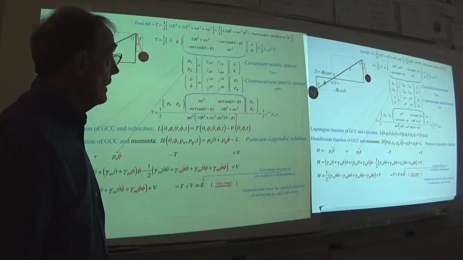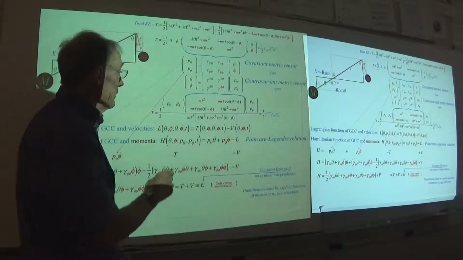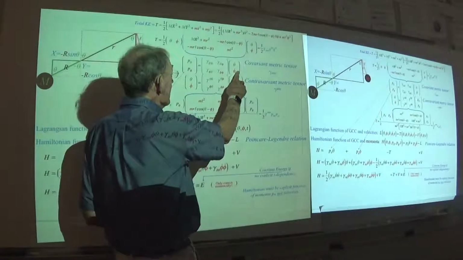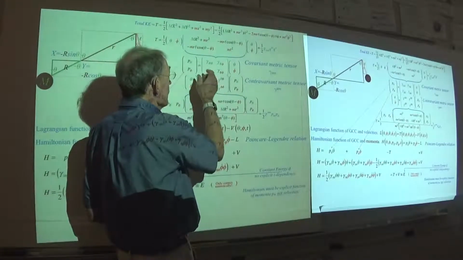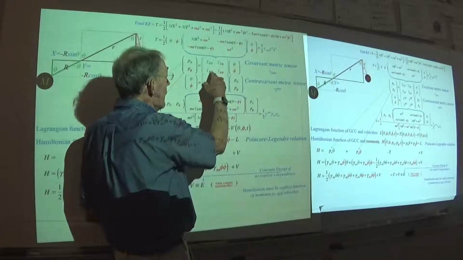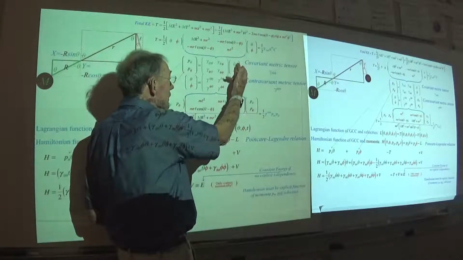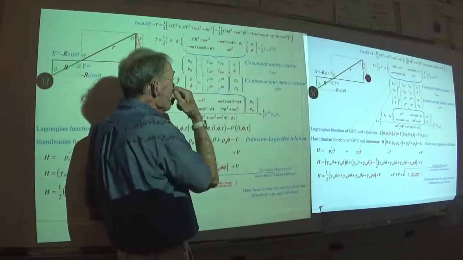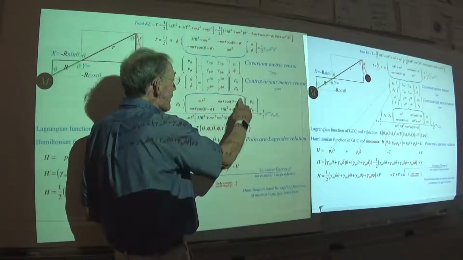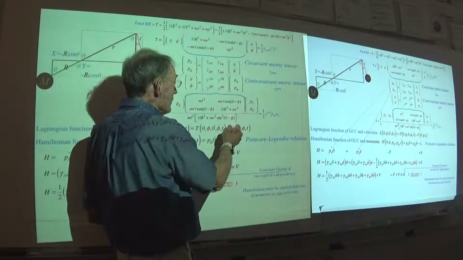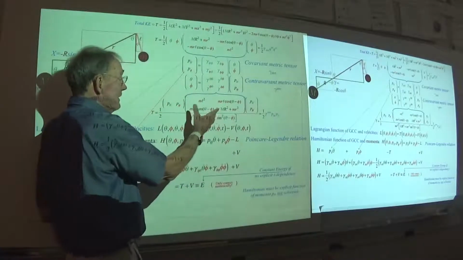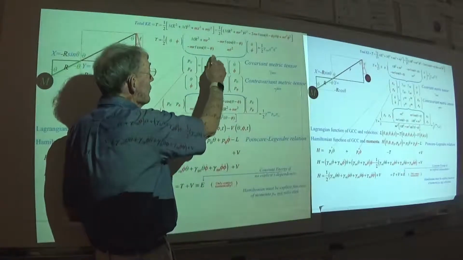And that means that we have to replace the covariant expression here, which gives the covariant metric and velocities. What we need is a contravariant metric tensor, which is the inverse of the covariant.